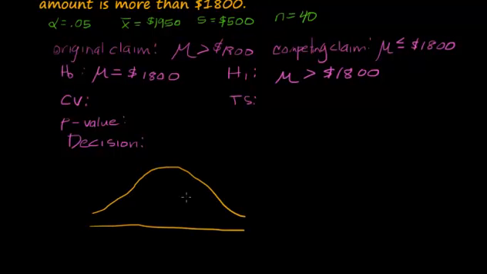It has that bell shape, just like the normal distribution, but we'll be using the t. The mean is still 0. And we have a right-tailed test. The inequality is pointing to the right. Our alpha is 0.05.